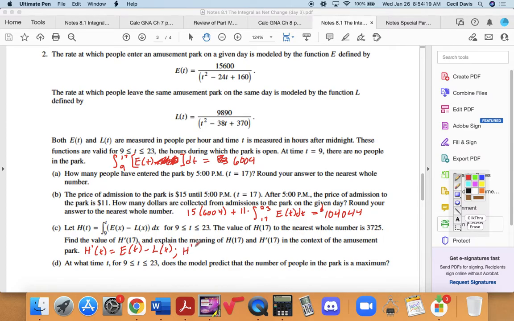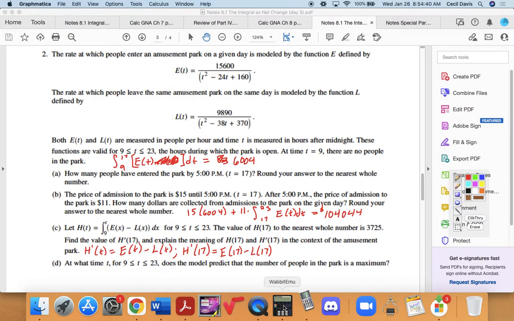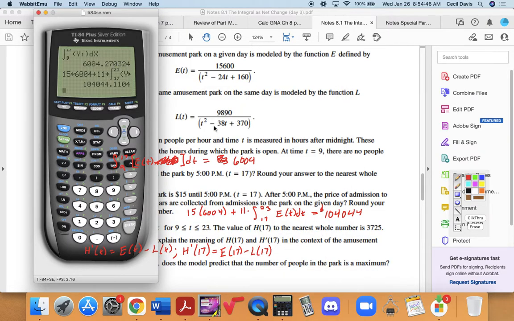So h prime at 17 is going to be e of 17 minus L of 17.